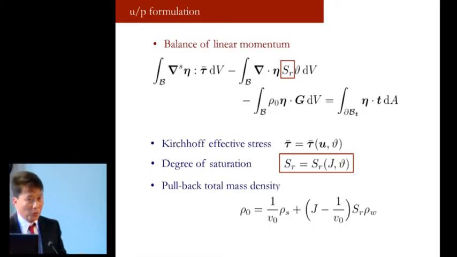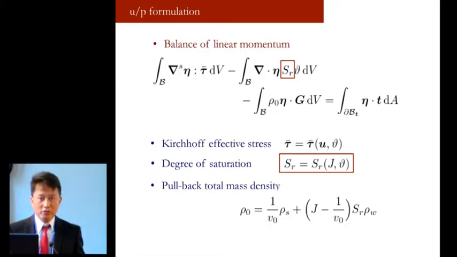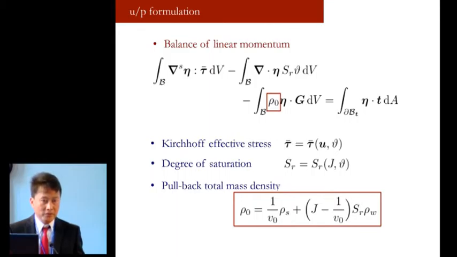And once again, we determine it to be a function of the solid phase deformation as well as the degree of saturation, which is in turn a function of the solid phase motion and the Kirchhoff suction stress. So obviously we have a UP formulation. In other words, the independent variables alone can be determined to be the displacement of the solid matrix as well as the pore water pressure.